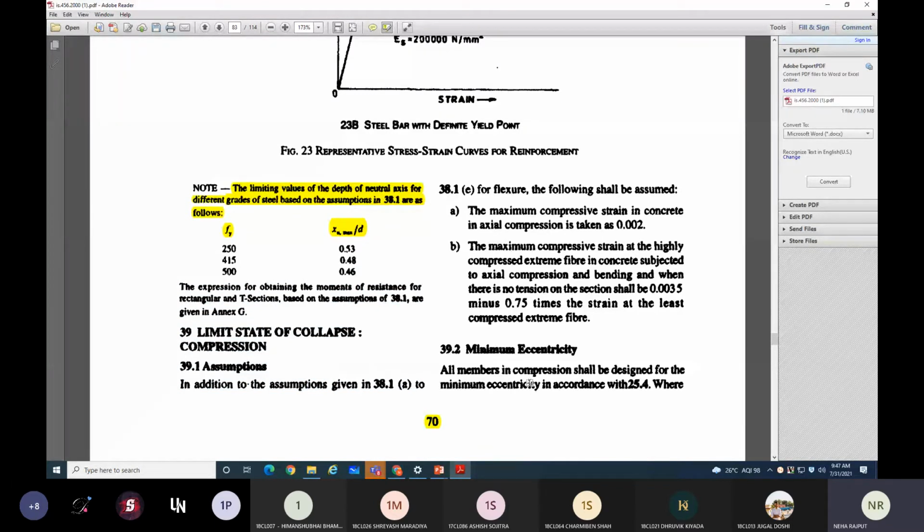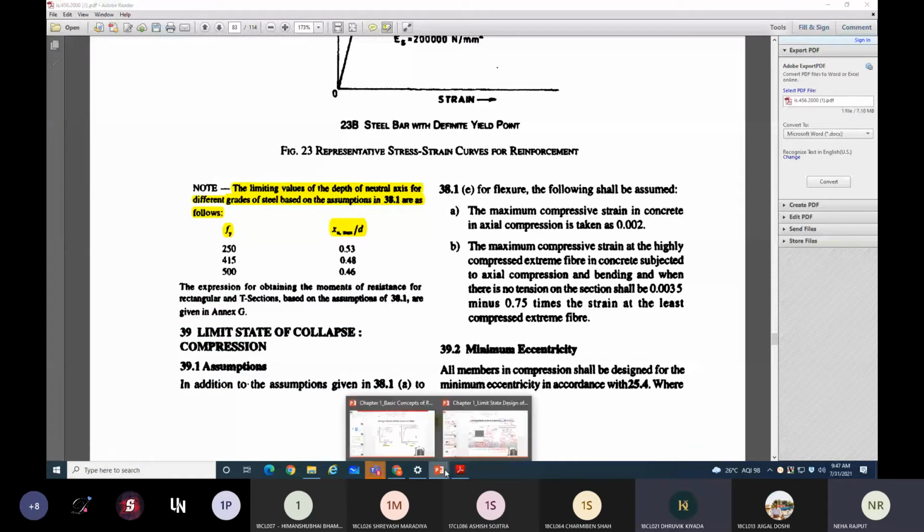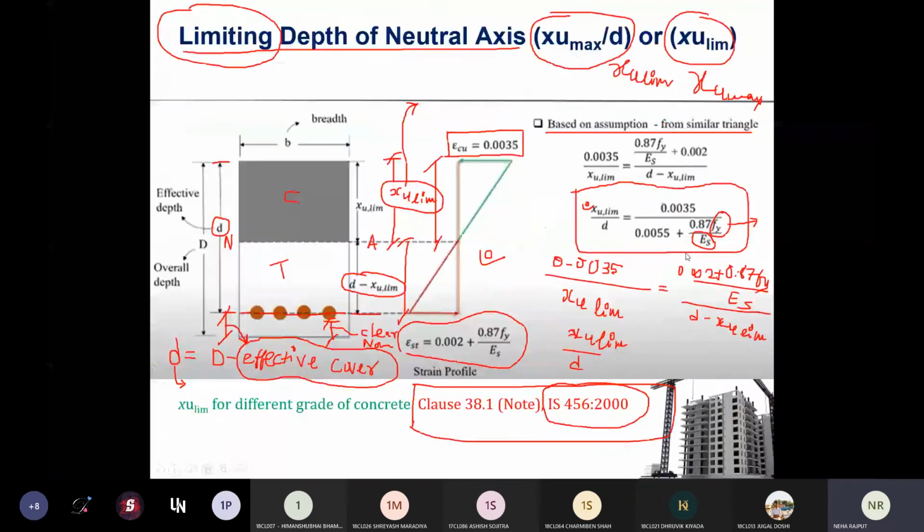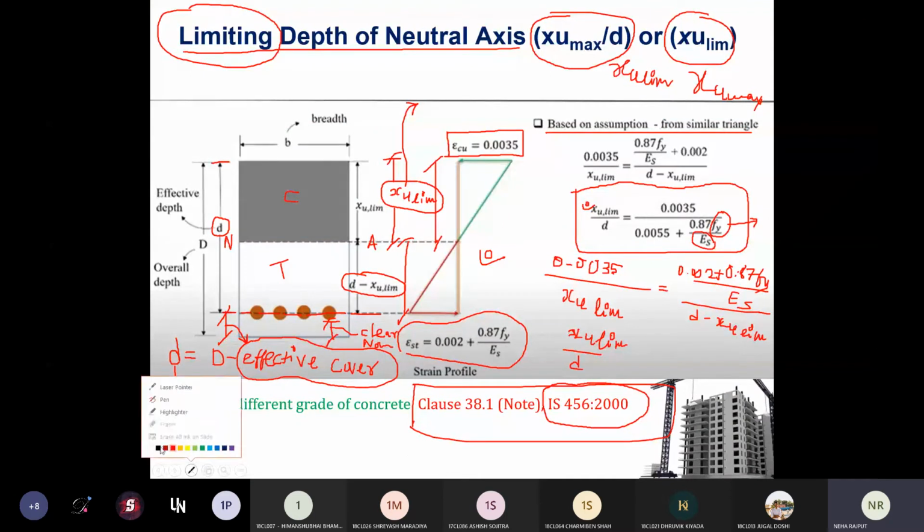Clear, everyone? Now in this equation, quickly use your calculator and put the value of fy as 250 Newton per mm square, and Young's modulus as 2 into 10 raised to 5 Newton per mm square.